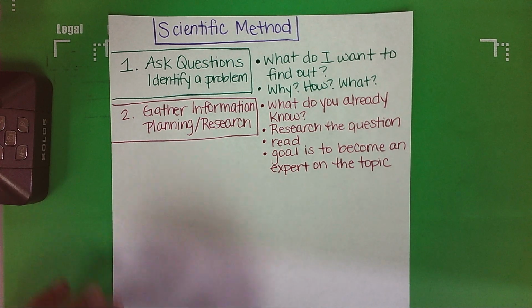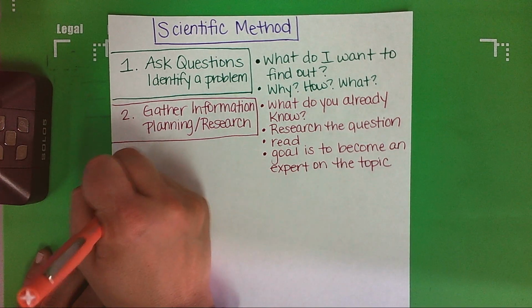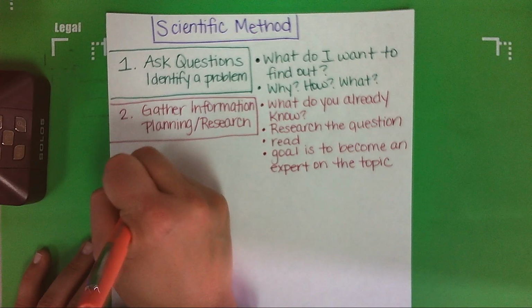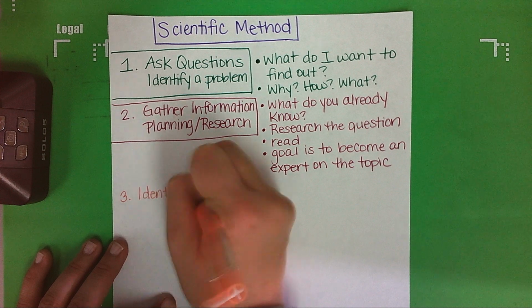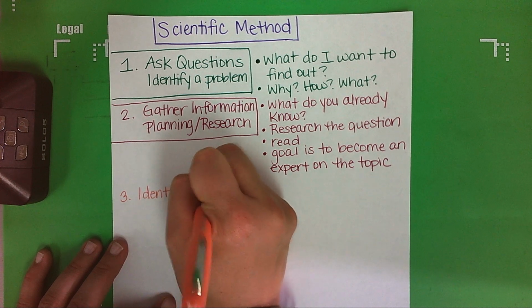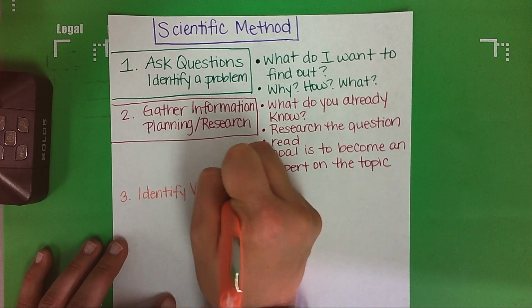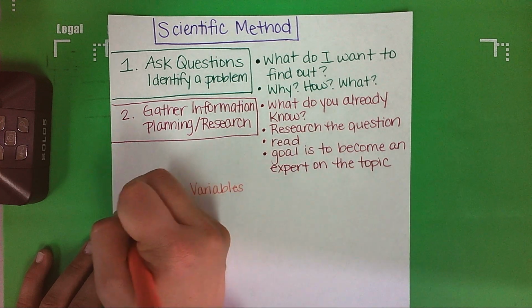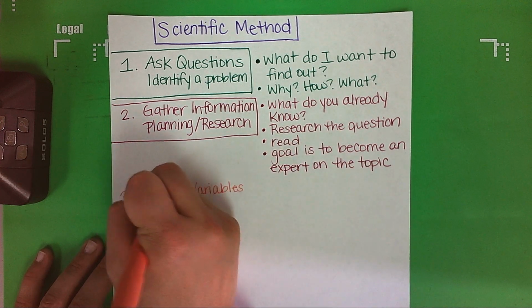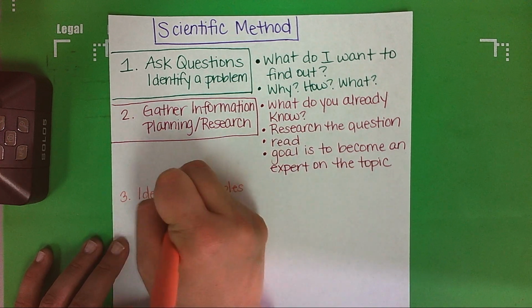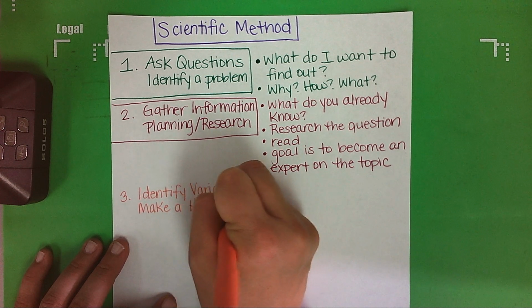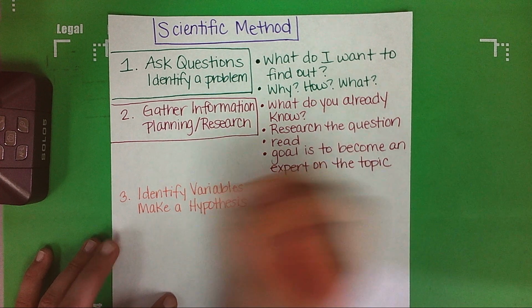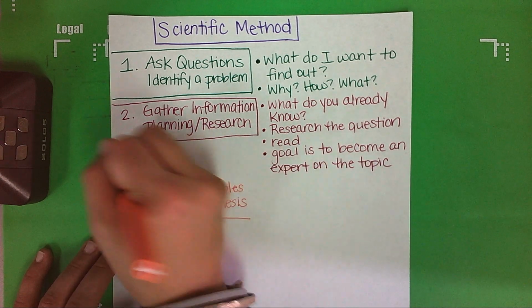So the next thing you're going to do, which is step 3, you're going to identify the variables and make a hypothesis. Because now you're ready to do a test.